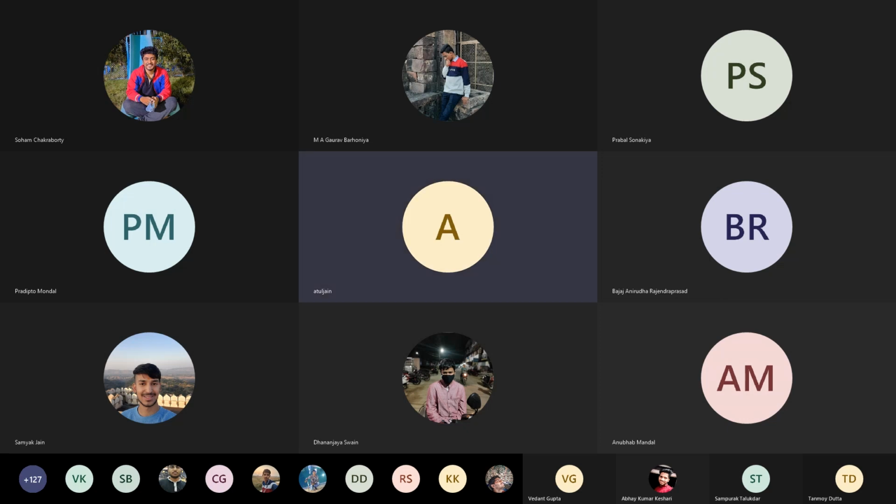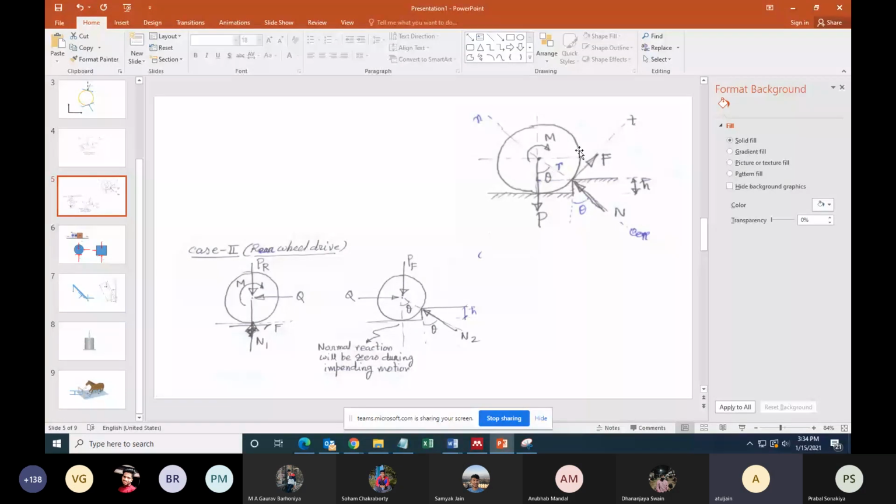So in question number 5, there was a front wheel drive and a rear wheel drive. Front wheel drive means that the engine is connected to the shaft in the front set of wheels. So the torque is applied to the front wheel. The front wheel is rolling and it is pulling the rear wheel. And in the second case, the torque is applied to the rear wheel and it is pushing the front wheel.